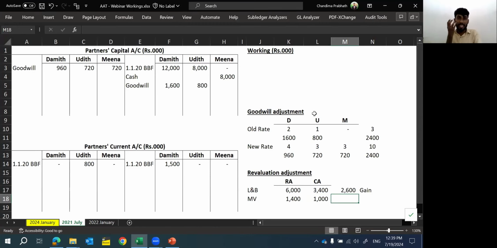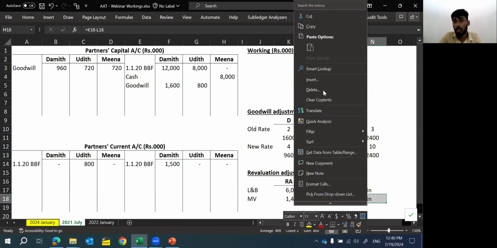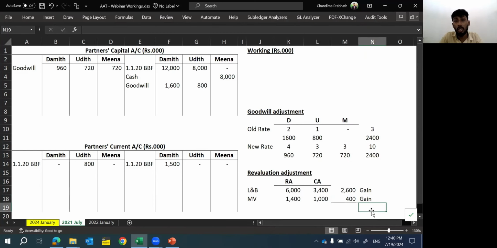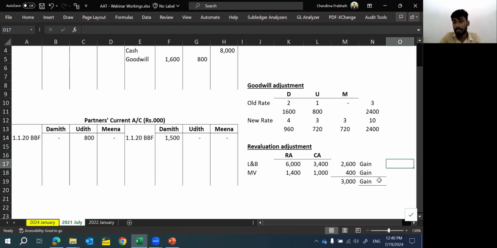We have increased it up to 1,400, which means it is also a gain of 400. So the net or total gain is 3,000.